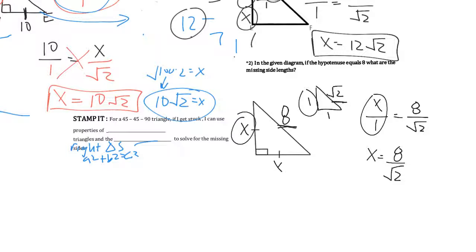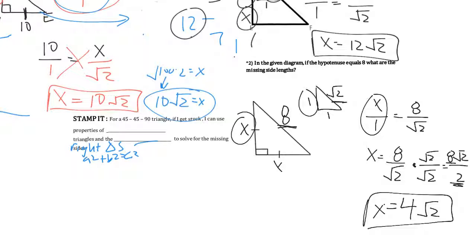So we want to rationalize it by multiplying by the square root of 2 over the square root of 2. Get that radical out of the denominator. So square root of 2 times square root of 2 is just 2. And on top is 8 radical 2. Now I can simplify the 8 divided by 2, and that's 4. So I'm left with 4 radical 2. So when it gets a little more complicated, like when I'm finding a leg, I still use that proportion to help me out, just like in the problems above.